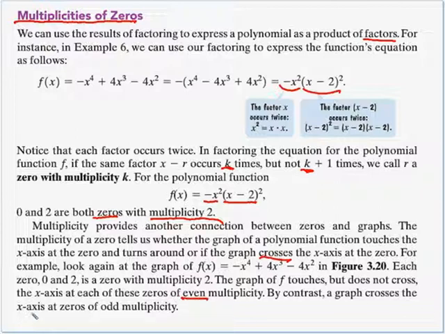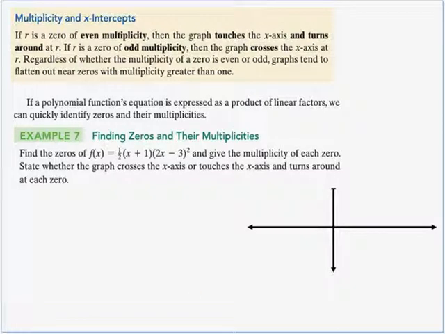By contrast, the graph crosses the x-axis at odd multiplicities. So if r is a 0 of even multiplicity, then the graph touches and turns around. If r is a 0 of odd multiplicity, the graph crosses the x-axis. Regardless of whether the multiplicity of 0 is even or odd, the graphs tend to flatten out near zeros with a multiplicity greater than 1.